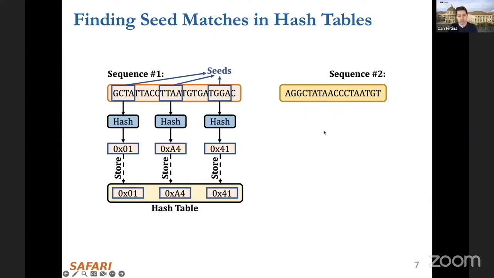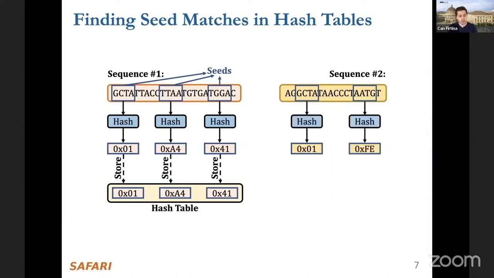Now we're going to focus on sequence 2, and we're going to apply the same seeding technique that we applied in sequence 1 to again extract some subsequences from sequence 2. And similarly, we're going to use the same hash function that we used here to ensure that we generate the same hash value whenever we see the same subsequence.